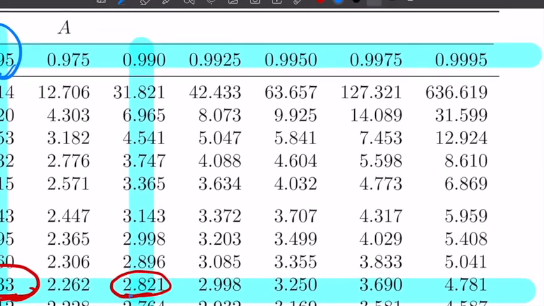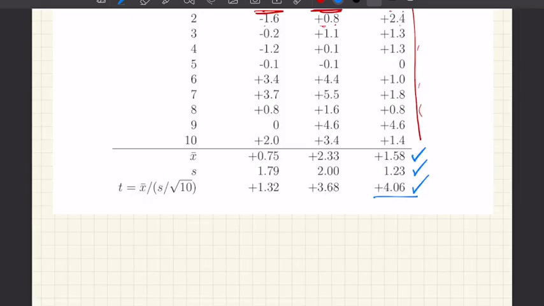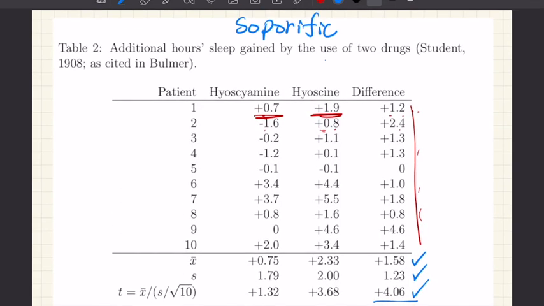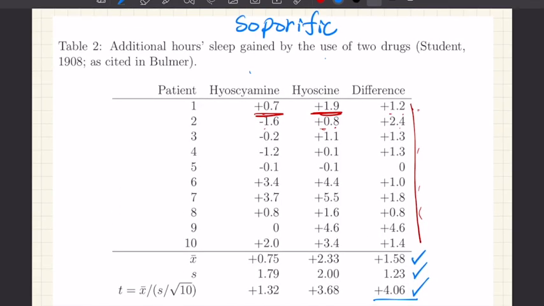So actually, it's quite large. So it's greater than this one. So what's this? 0.25% significance level. Wow, it's really effective compared to the other drug. So that's how you use t-test.